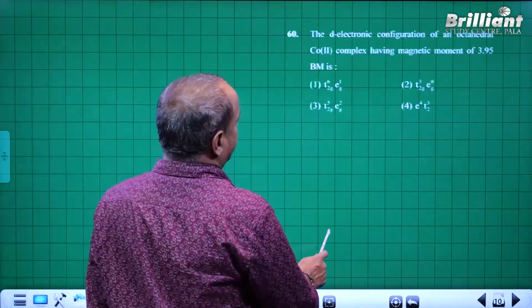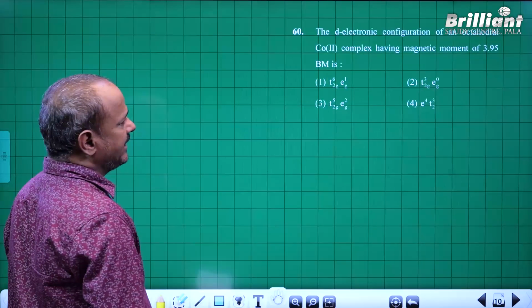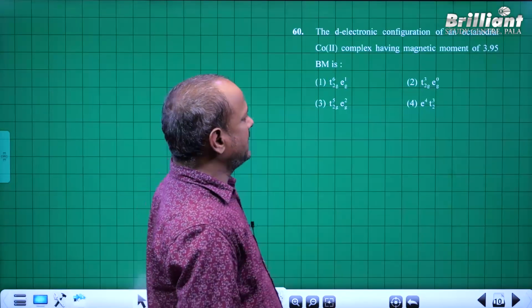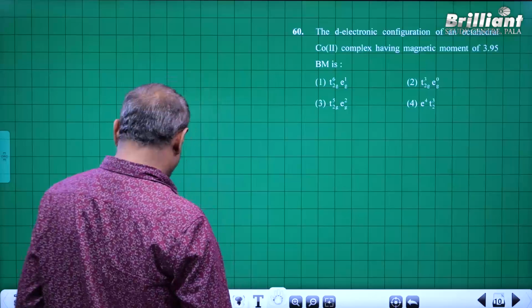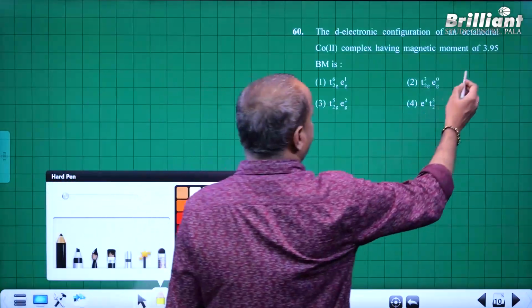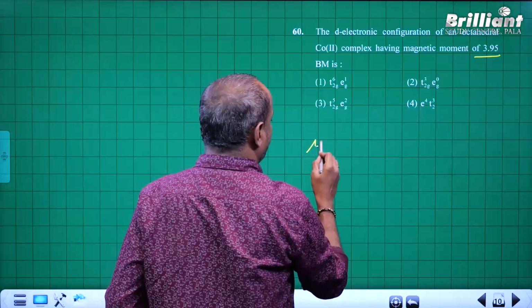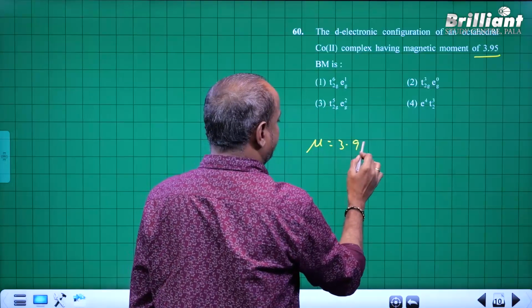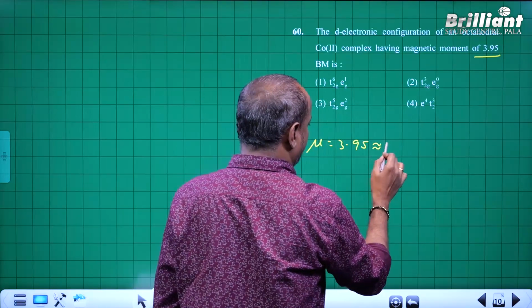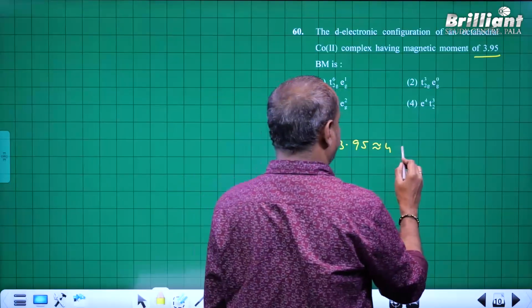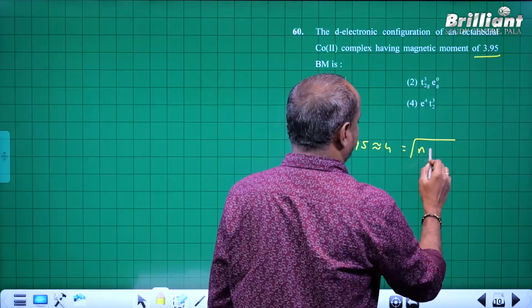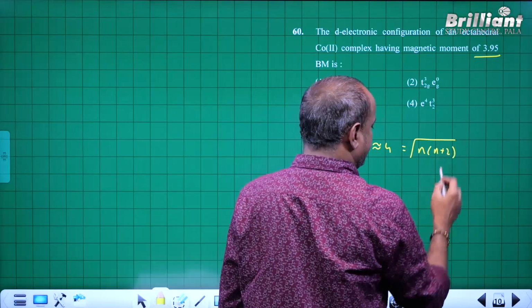Okay. Next, d electron configuration for cobalt 2 plus, magnetic moment is 3.95. So how many unpaired electrons? Mu is equal to 3.95, nearly 4, root of n into n plus 2.